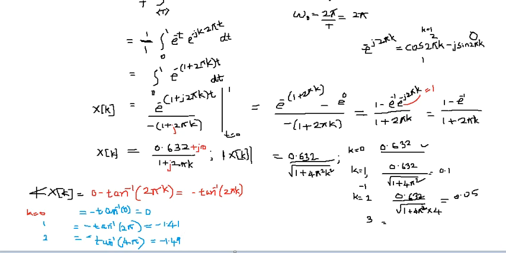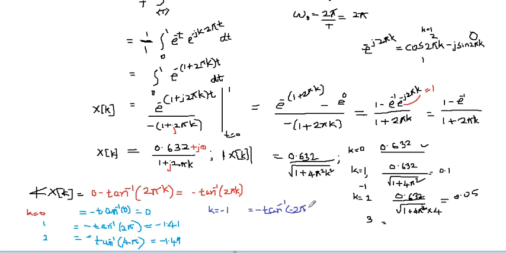So for positive values, when we go for calculation, and then for k equal to minus 1 and so on, we remember that we are substituting the negative values. So this becomes angle of x of k equal to minus tan inverse of 2 pi times minus 1.